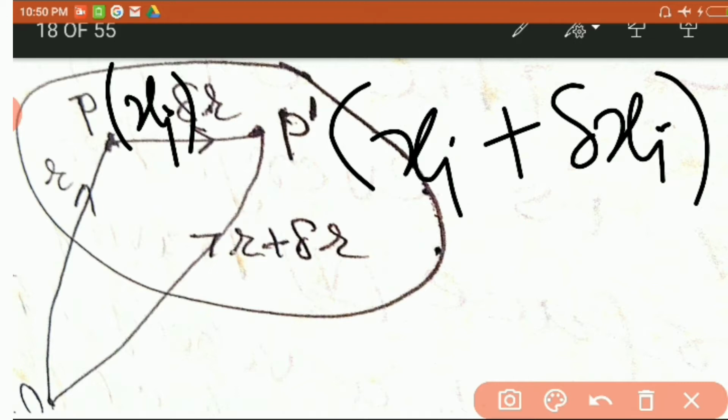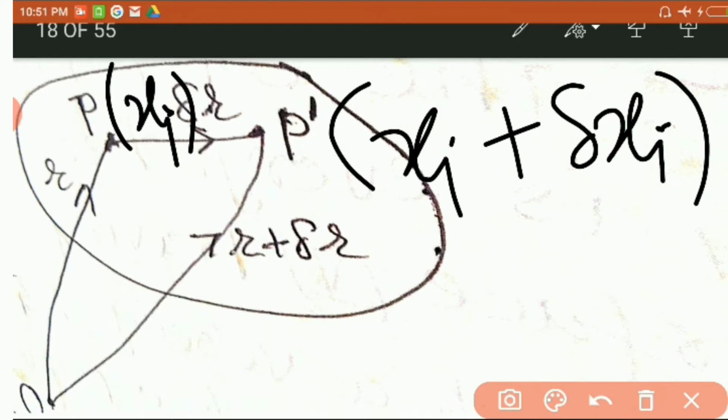And velocity components ui at P, and at P dash, coordinates xi plus delta xi and velocity components ui plus delta ui. Here i is equal to 1 to 3.